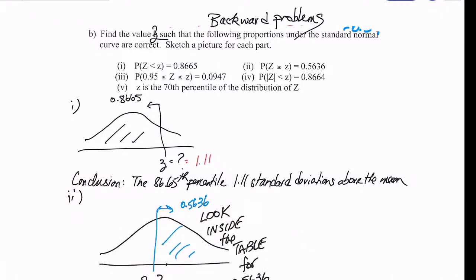Or what should we do? Okay, I'm going to ask you now. I've done enough problems. What should I do? How should I look up that number? How do I prepare to look up that number? So the question is, what should you look inside the table for? Which value?